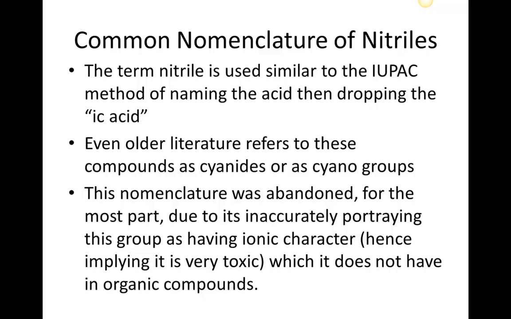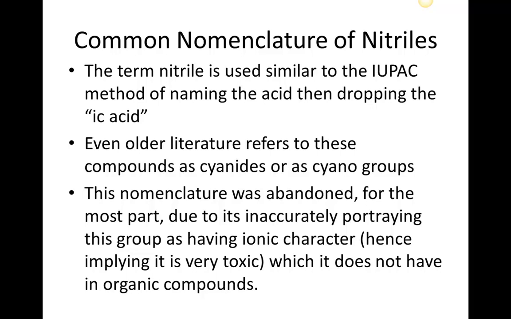And the reason that organic chemists stopped using the term cyano and calling these things cyanides and started using the term nitrile is because of the biological significance of cyanide ion as a chemical toxin. These organic nitriles are not toxic in the same way because the bonds are covalent, and cyanide ion is an ionic ligand in the bloodstream.